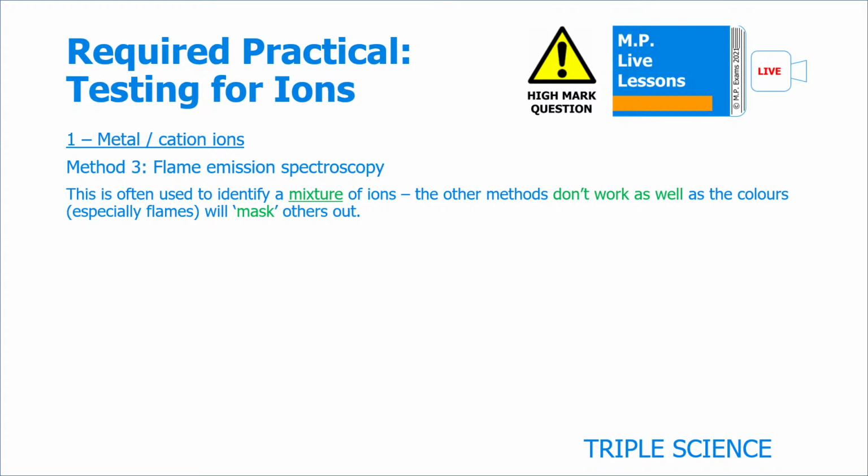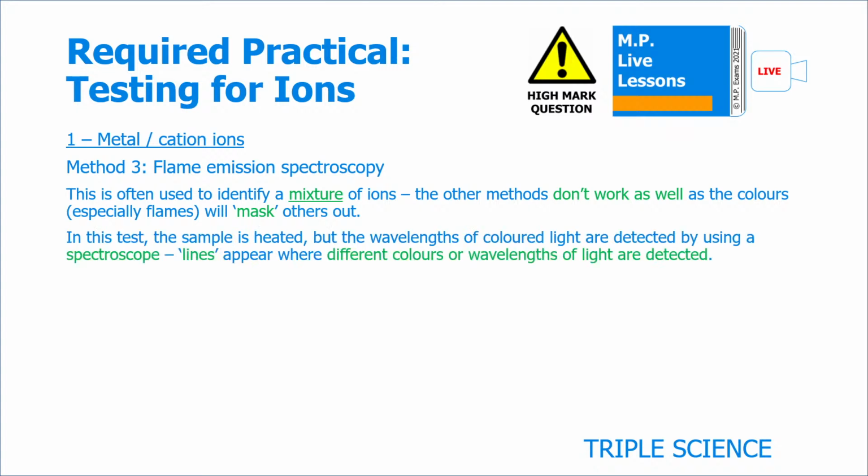Now, instead, we still use a flame test, but after the sample is heated, we put some film around it, and then depending on what wavelengths of light are released from the sample, you'll see some lines come up.